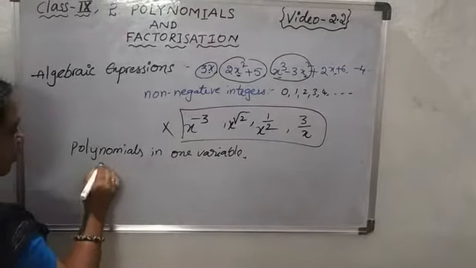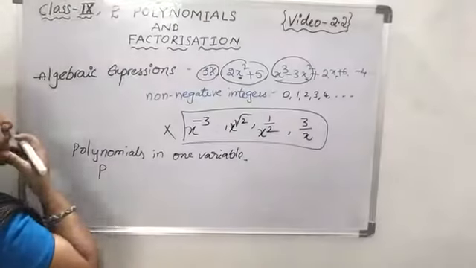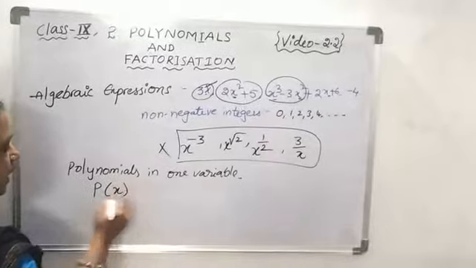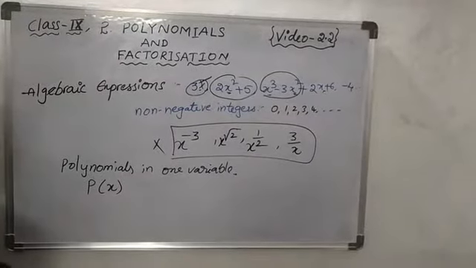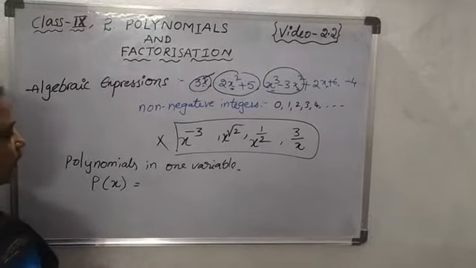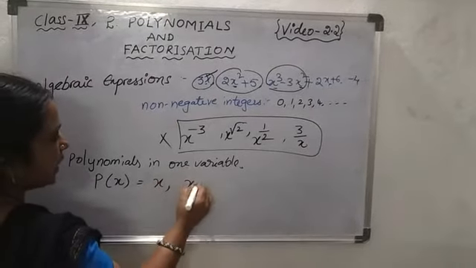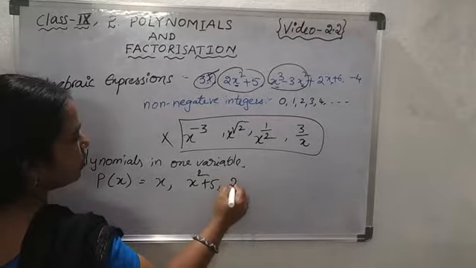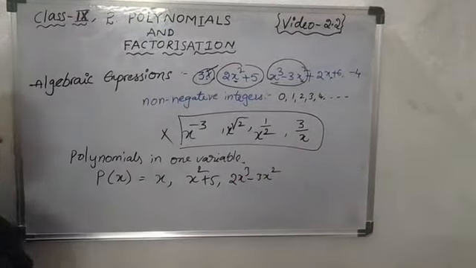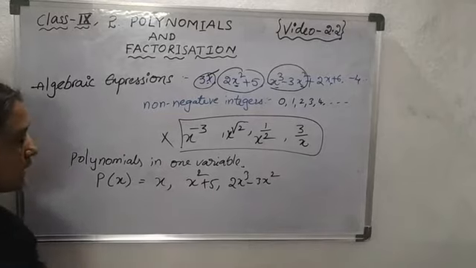For the polynomials of one variable here, we are using only x. So this polynomial is denoted by p of x. P of x means the variable is only x, for example x square plus 5, or 2x cube minus 3x square. Here we use only the variable x.